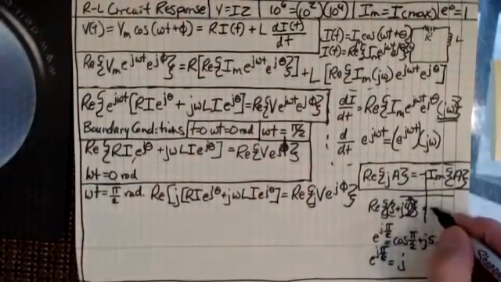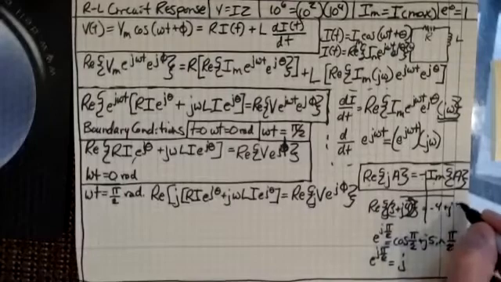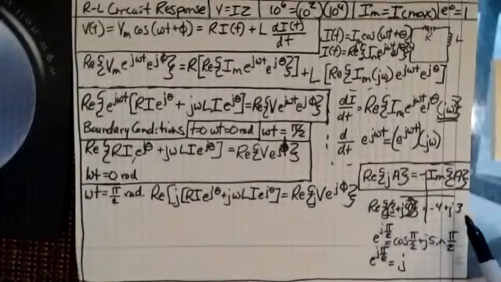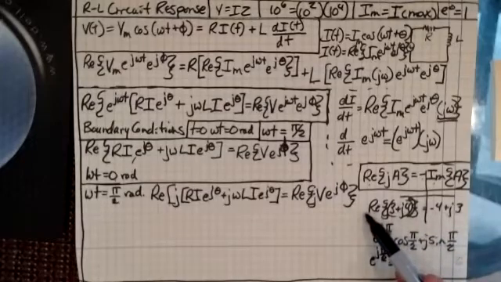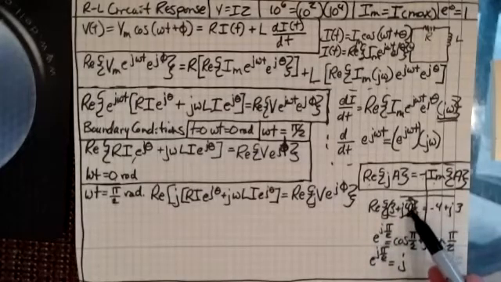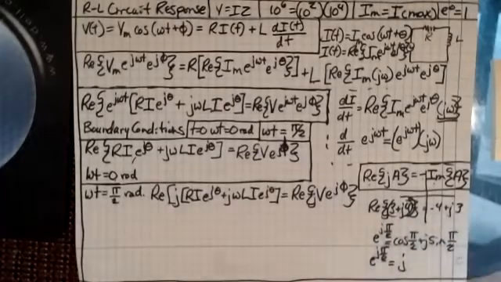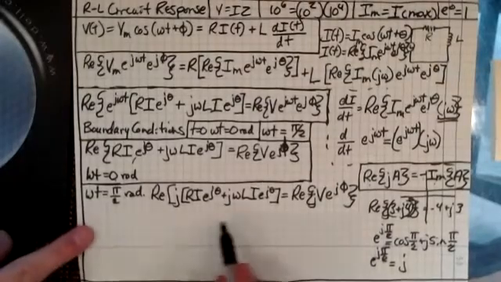And so that's what I want to point out. The real of that is going to be minus 4, isn't it? But if I was to take the imaginary part of 3 plus j4, that would just be 4. So you can see where the minus comes in. I'm sure everybody understands that. So that's what I'm going to apply right here.